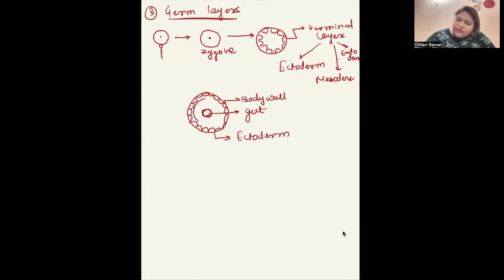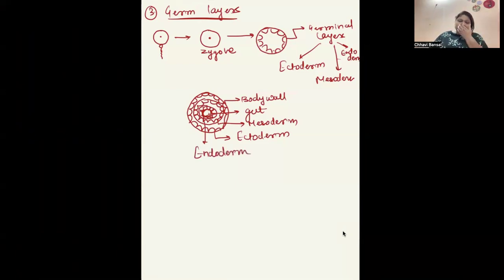The next layer of cells is mesoderm. The middle layer is mesoderm. And then around this, there's a third layer of cells called endoderm.